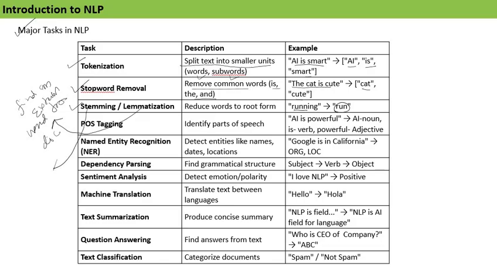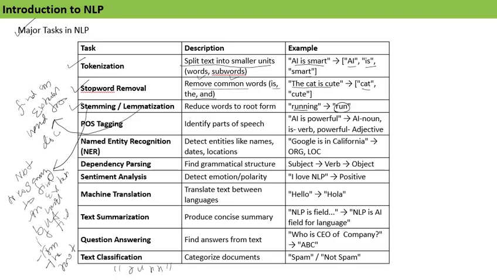Stemming is a process where it is not necessary to find the exact word, but it finds the root. So what does it mean? For example, here "running" in stemming can give "run" as well. So it's not necessary to find the exact dictionary word, but rather the root of the word.